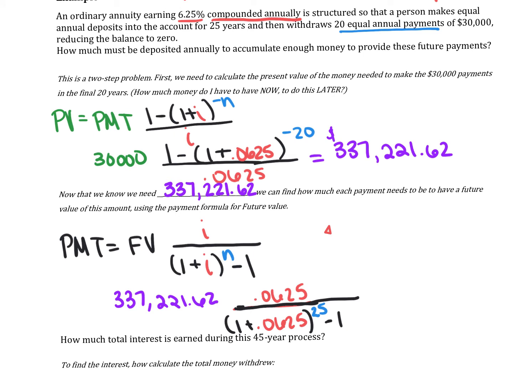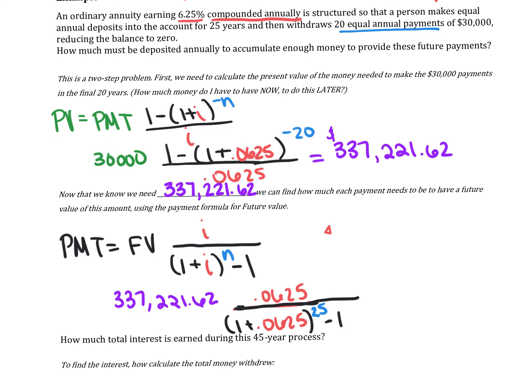When I calculate again, I'll calculate this bottom part first. So it'll be 1 plus 0.0625 raised to the 25th power, and subtract 1. And I get 3.552222364. Keep all those numbers behind the decimal. I'll do 0.0625 divided by that number, and I get 0.01759469193.